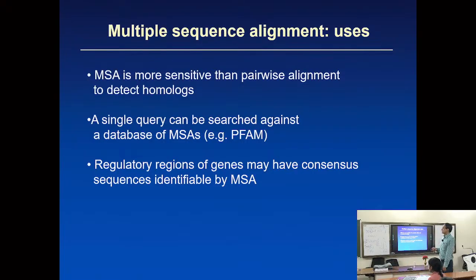A single query can be searched against a database of multiple sequence alignments, and we discussed RPS BLAST, reverse position specific BLAST. Do you remember what it is? So what does the database consist of? In the BLAST discussion, we learned about PSSM, position specific scoring matrix, right? And the position specific scoring matrix is derived from multiple alignment.